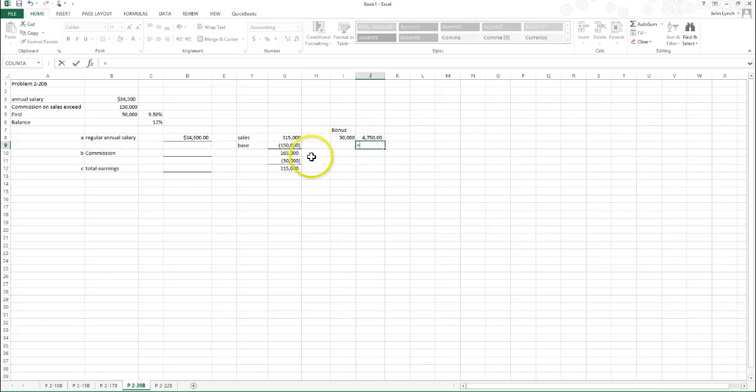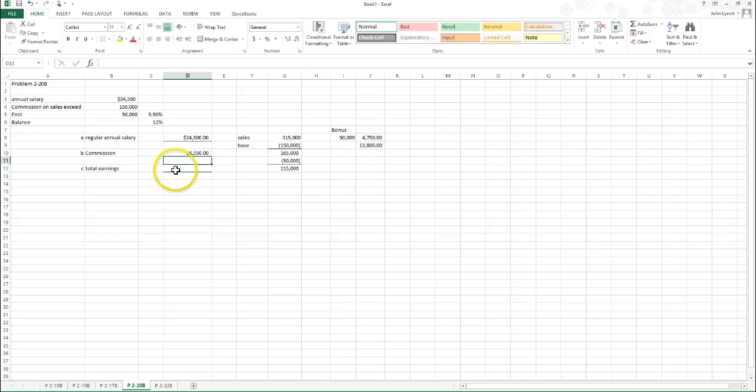So the balance of this would be equal to the 115,000 times the 12%, which is the balance. So the total commission then would be equal to the 4750 plus the 13,800 or 18,550, which then gives you a total earnings of the 34,500 plus 18,550 or $53,050.